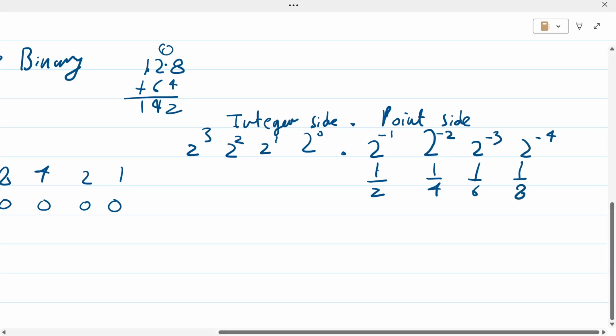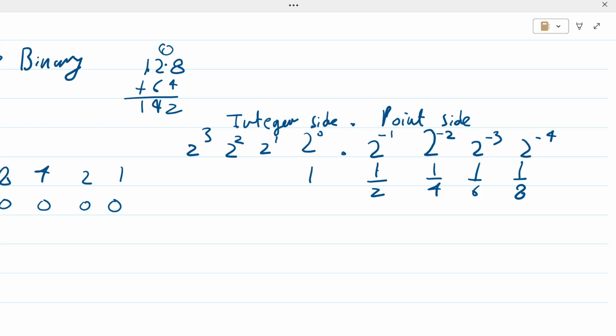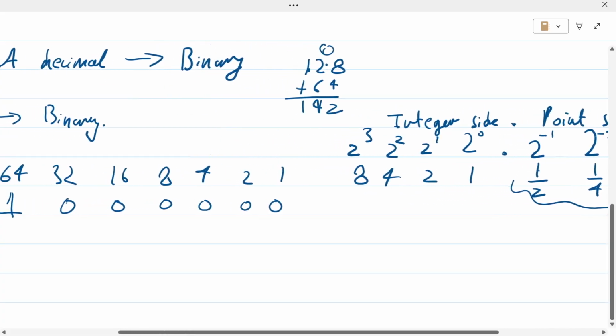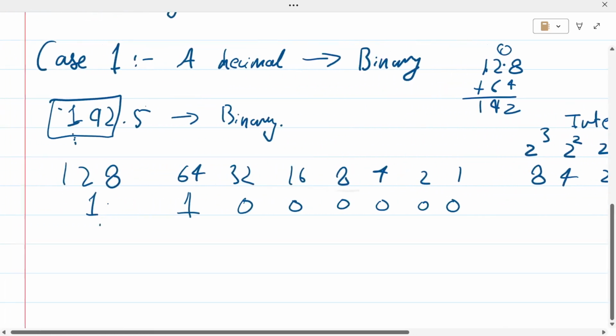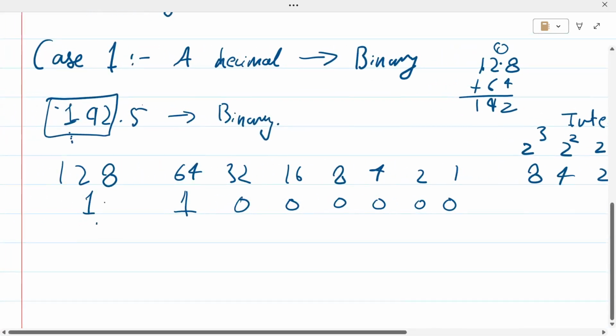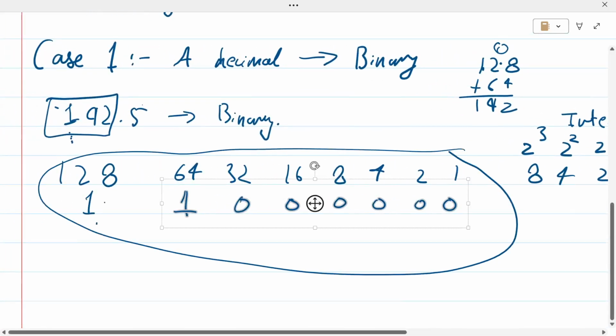I'm sorry, there was no 6. That was a grave mistake. This is how you do it. So it's exactly like you have been doing. The only difference is that you do the integer part the same way you have been doing in AS levels and O levels.